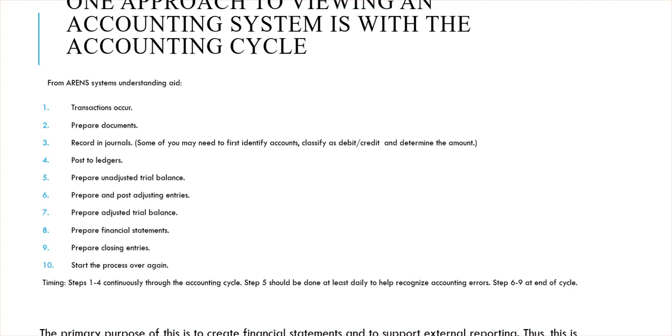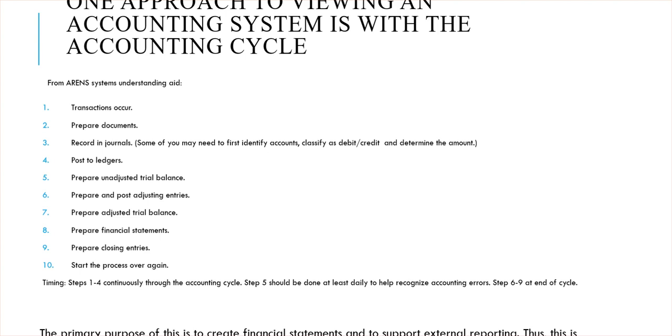And some people look at this and they think, well, that's an AIS. And this is just one part of an AIS, because when you do this, you support external reporting, and to a certain extent, you also are going to support management decision making, and you're also going to be supporting some of internal reporting. But it's not the complete picture, is it?